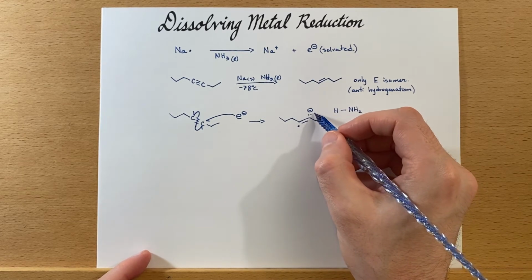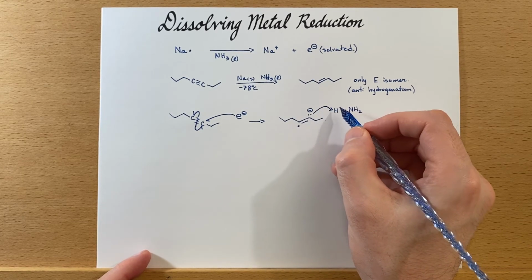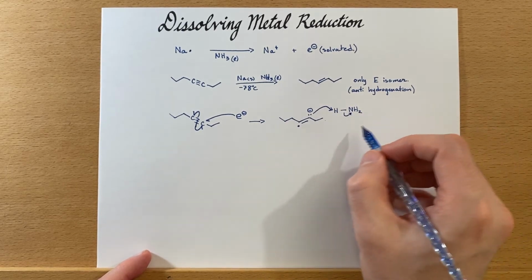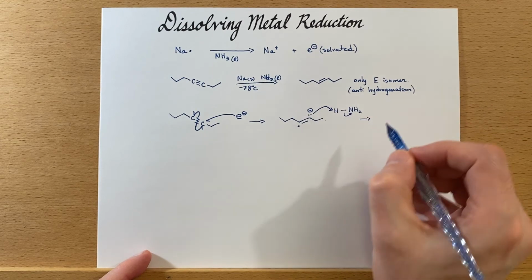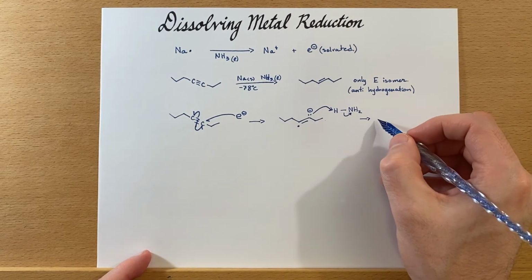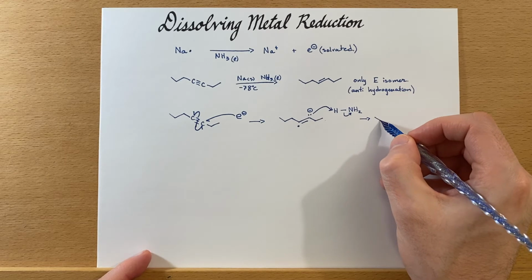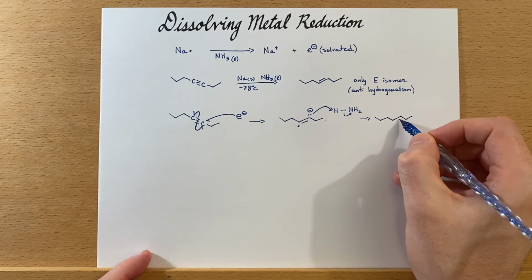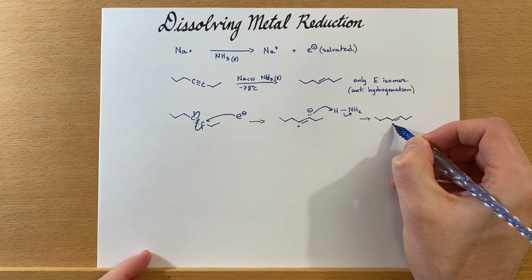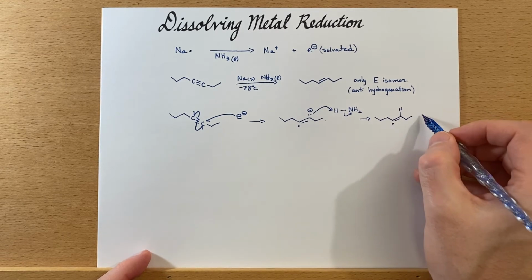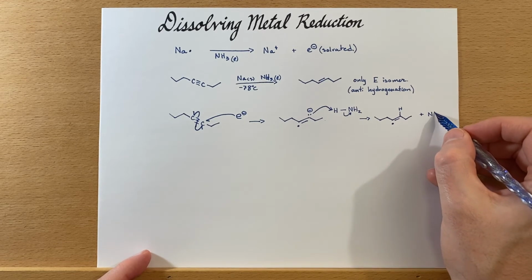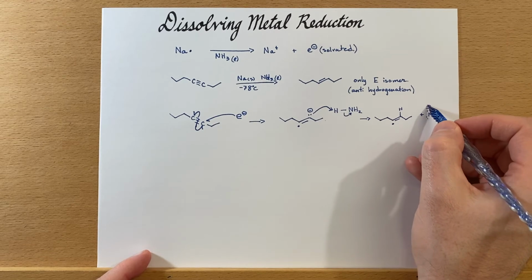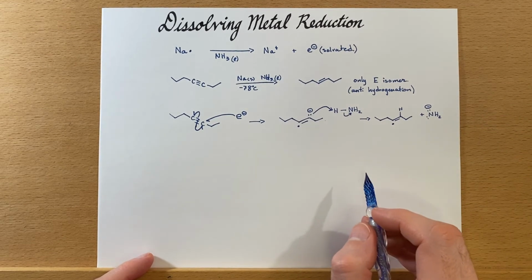So this pair of electrons, since it's a pair, it's a double-headed arrow, we'll do that. And of course, we have our deprotonated ammonia.